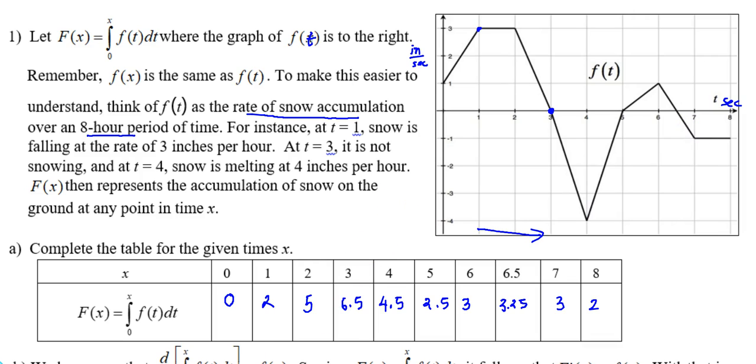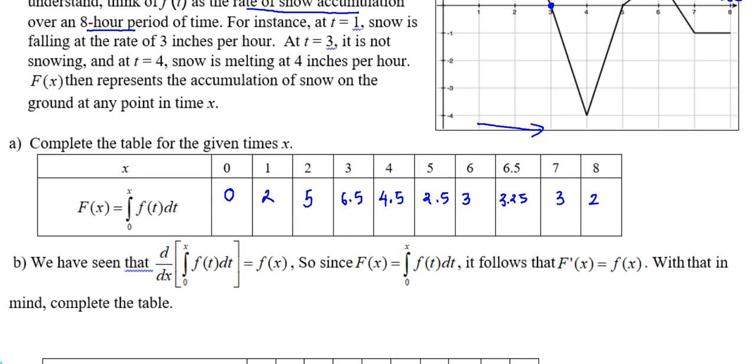Okay, so let's see what we have next. We found this area. Now we have seen that if you take the derivative of the accumulation, you get the original function back. So if I write this inside as F of x, and if I take the derivative on both sides, watch that.